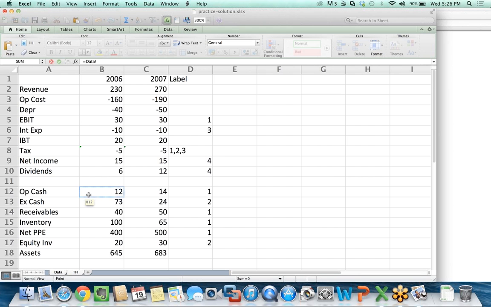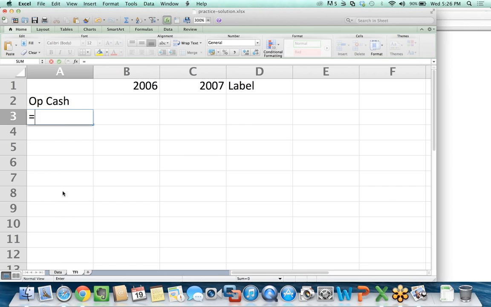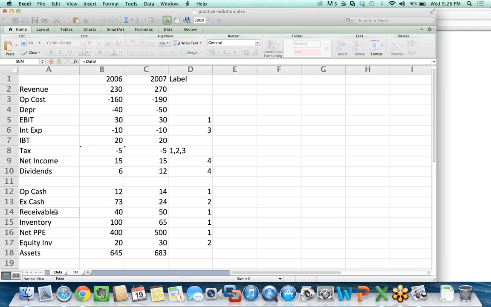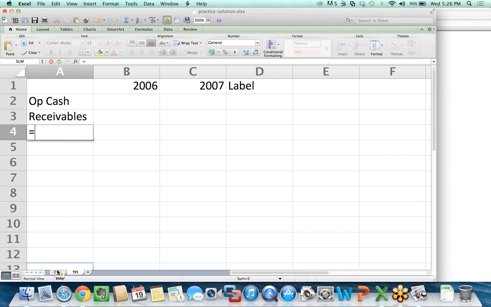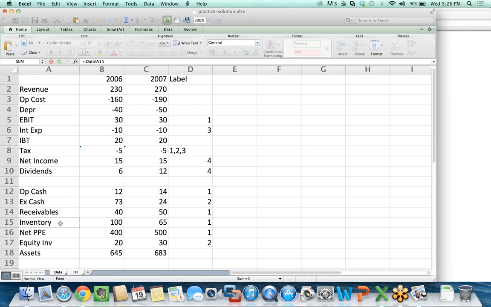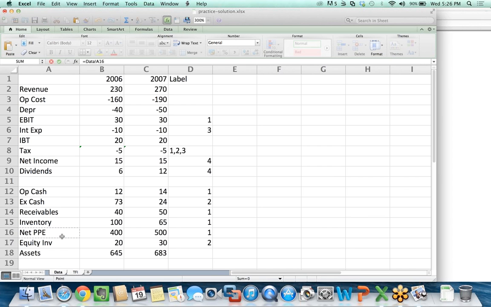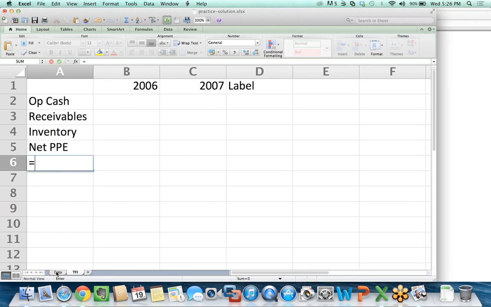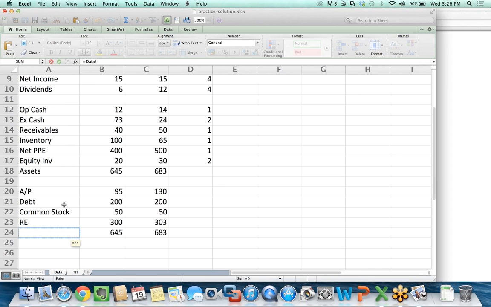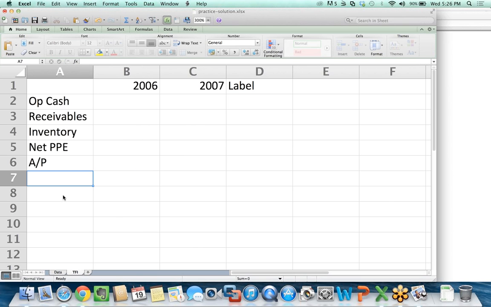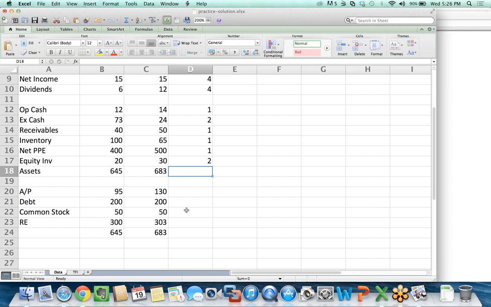So I take my 1 assets, in this case operating cash. I then have receivables. I then have inventory. I then have PP&E, and then I take any liabilities that are 1s. I have accounts payable, which I forgot to label. So let me go back to this one.